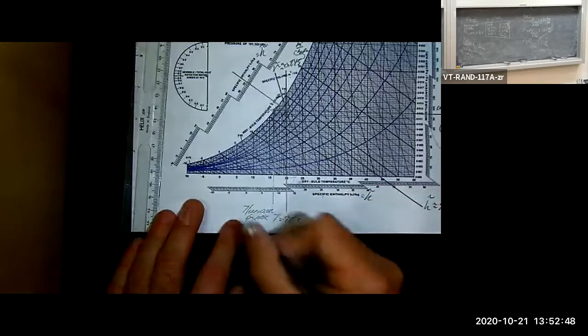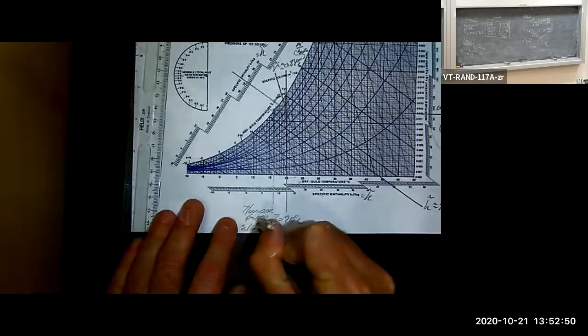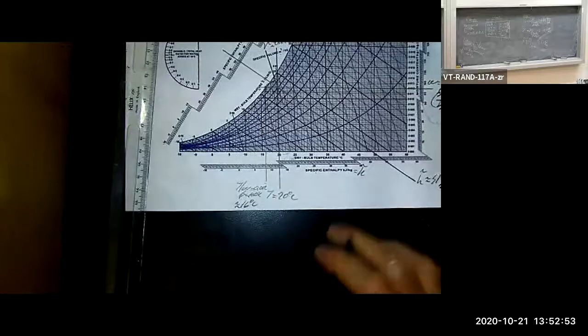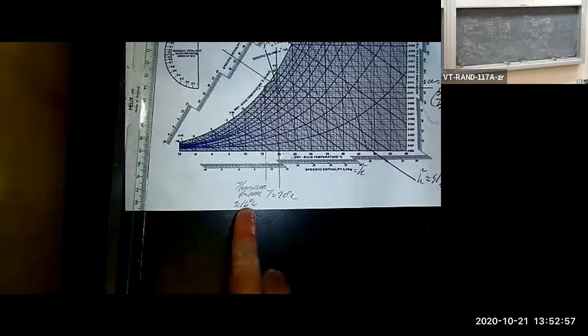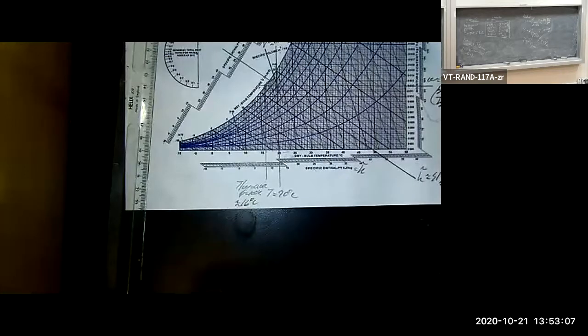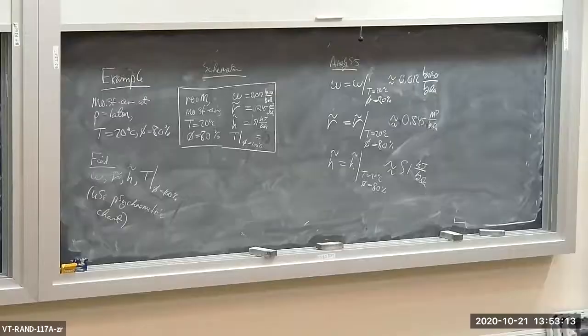So it looks like about 16 degrees. Okay, about 16 degrees. From 20, all I've got to do is reduce the temperature of the room by 4 degrees, and dew will start to form on any cooler surfaces, on the walls, on the ceiling, on the carpet. If I try to force the temperature below 16 degrees, dew is going to start forming on the various surfaces in the room.